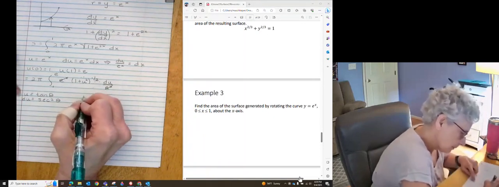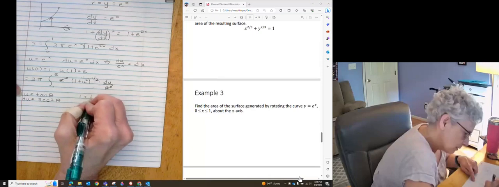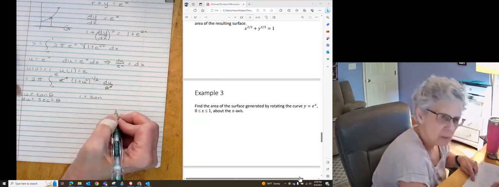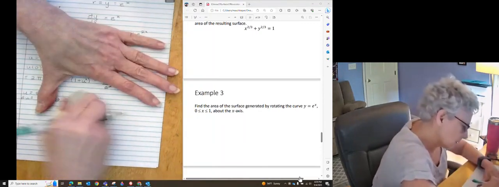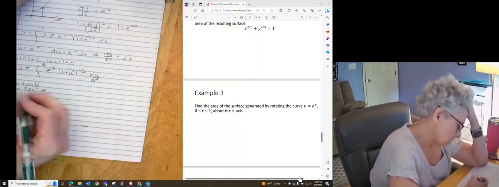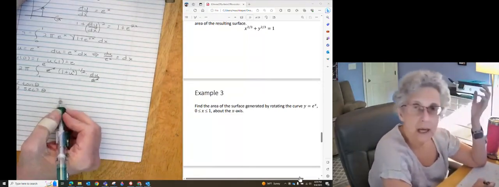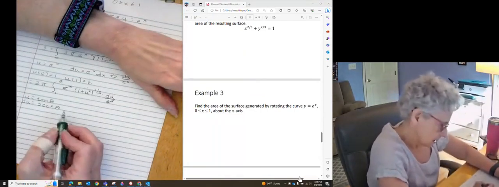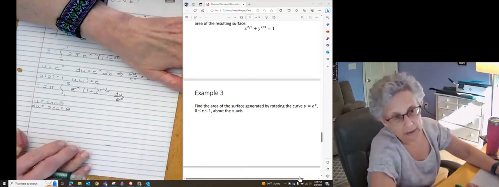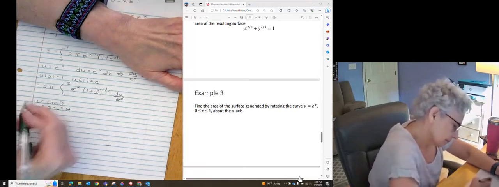Actually, I think I'm going to just keep it and then I'll draw a triangle at the end. So I'm going to treat this as an indefinite integral, and then I'll bring my u's back.